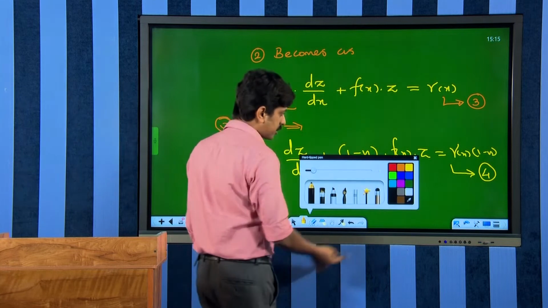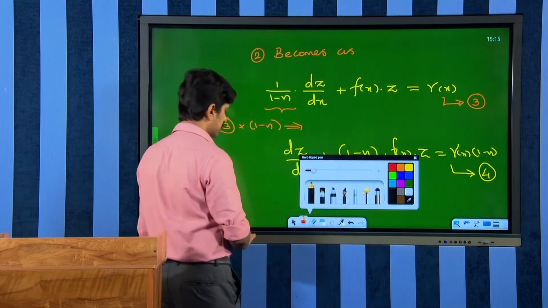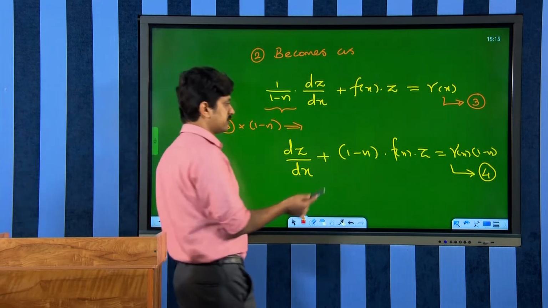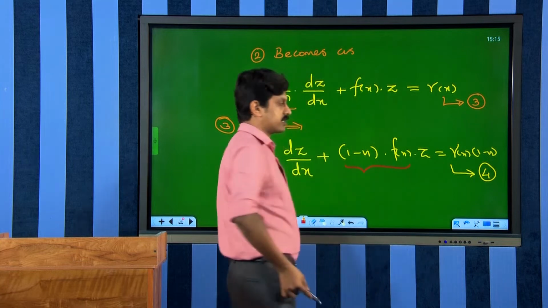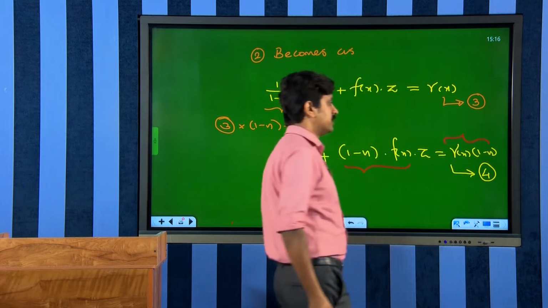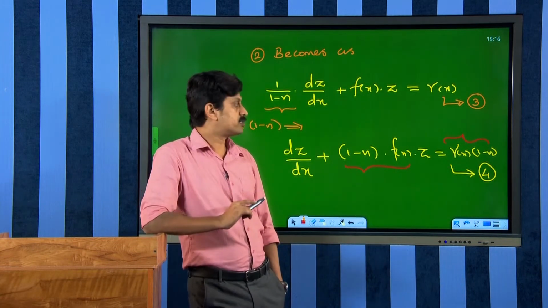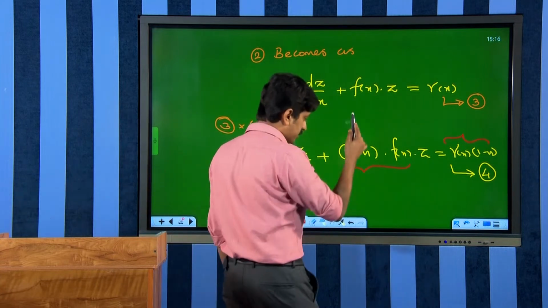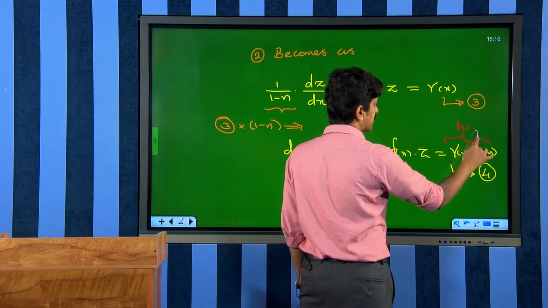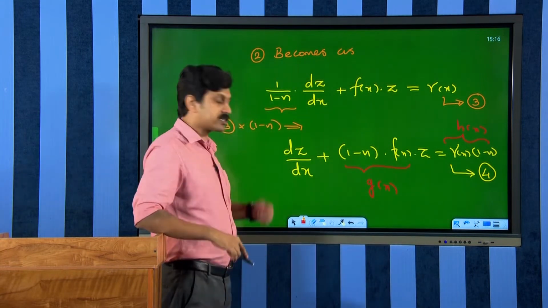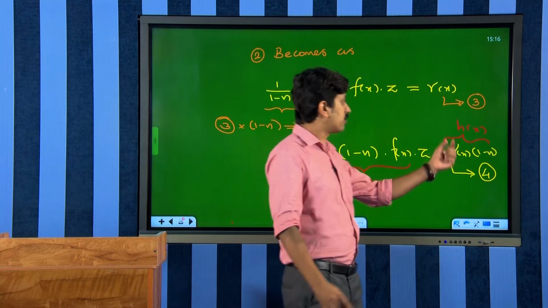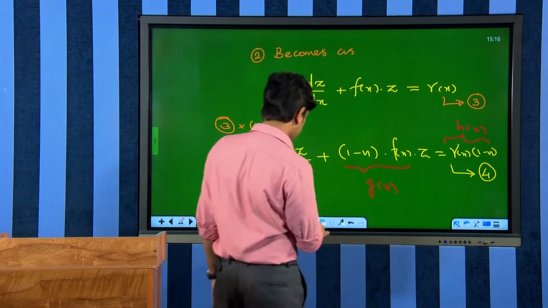While watching equation 4, it is clear that this is dz by dx, the first derivative, and there is a function and a term of z, and also there is a non-homogeneous part. So, I can take this as some g of x and this as some h of x. The equation has dz by dx plus some g of x into z is equal to some h of x. So, this is a kind of linear equation.